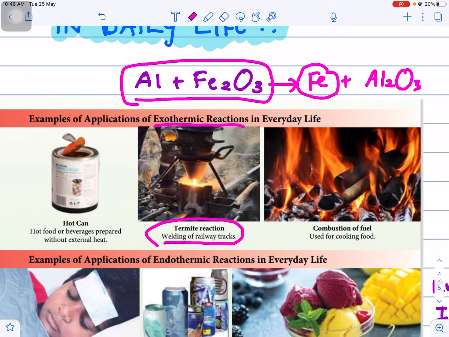The third example of exothermic reaction is the combustion of fuel, like what we discussed in our previous lesson, heat of combustion. We can use any fuel like methanol, ethanol, methane or propane. When we burn that fuel, it releases heat, and we can use the heat released for cooking our food.